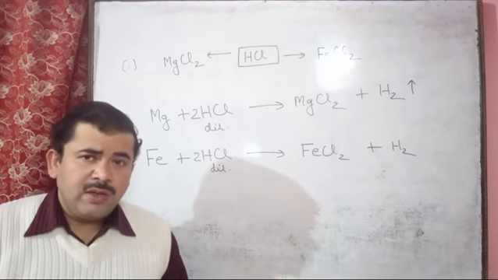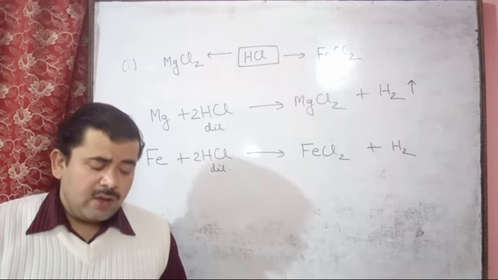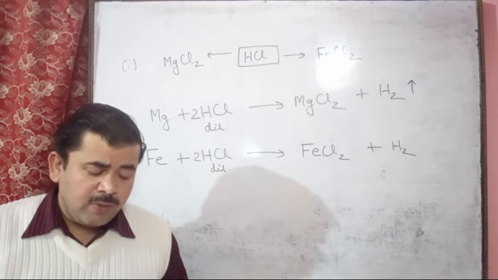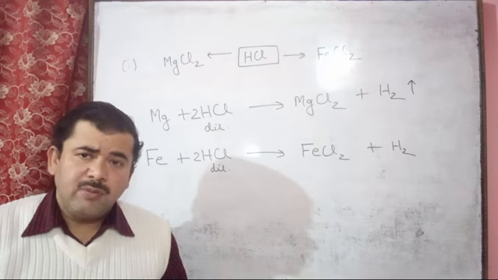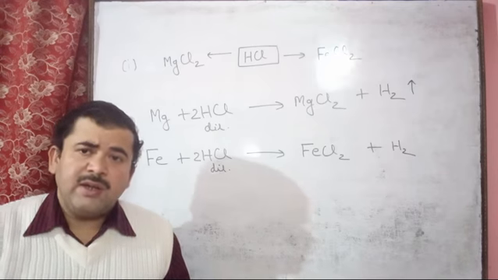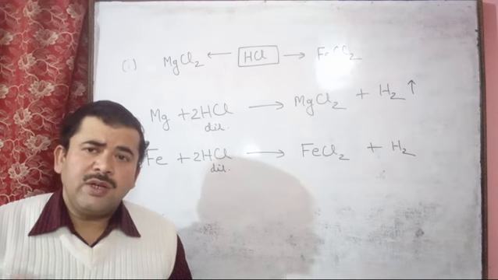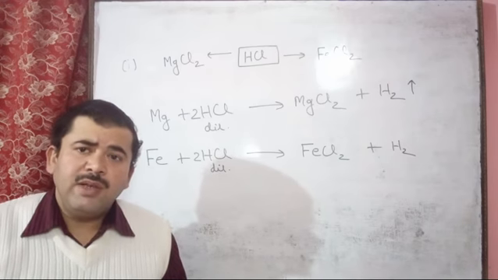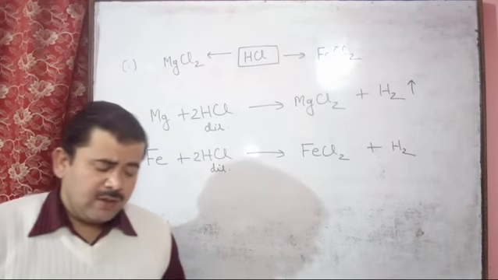So here in group 17 period third, chlorine is present, and hydrogen combined with chlorine gives hydrogen chloride, HCl, hydrochloric acid.